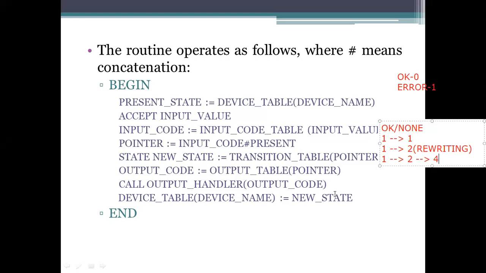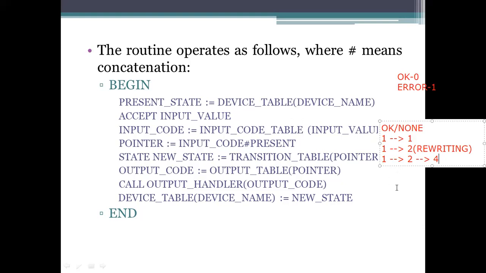Okay, so the new state now is 4. The new state will be recorded and the input value also recorded. The action to be performed for this, meaning the output, will also be specified there. The input we are taking will decide the next action to be performed on these values.